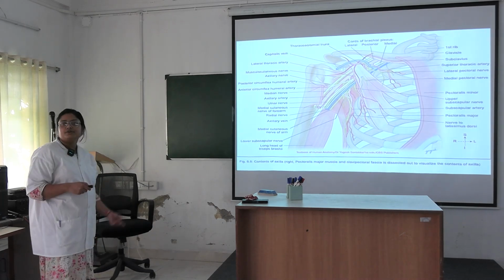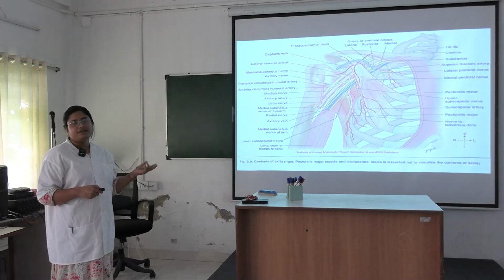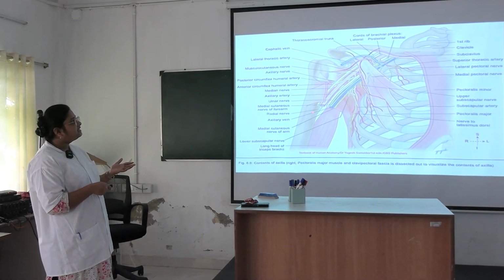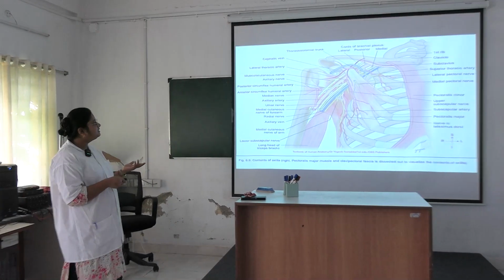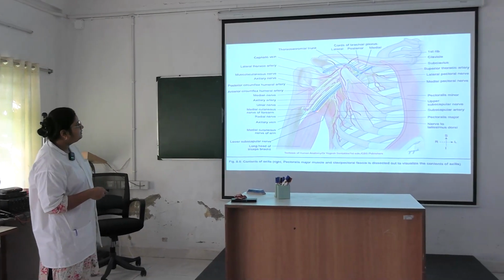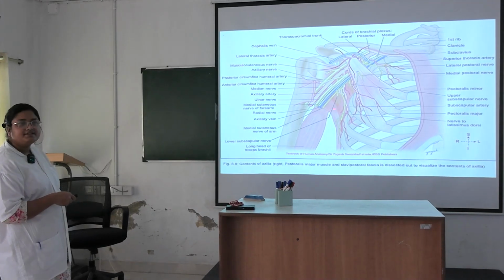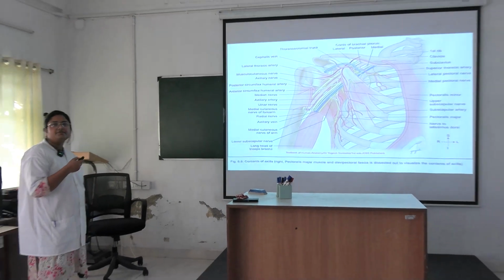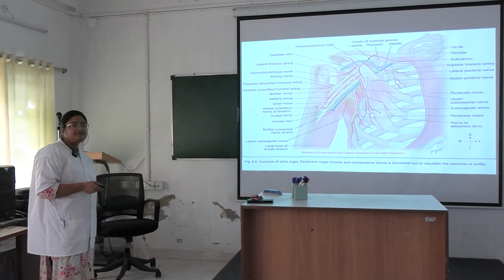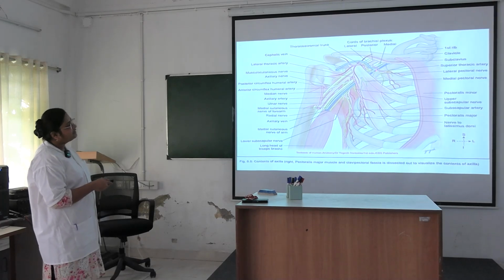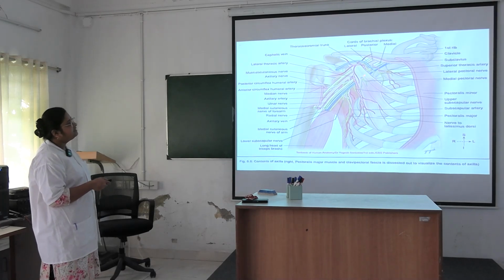These two roots join to form the median nerve, which lies over the artery. This is the median nerve. And see here, this is the medial cutaneous nerve of the arm, also a branch from the medial cord of the brachial plexus. It lies medial to the axillary vein.